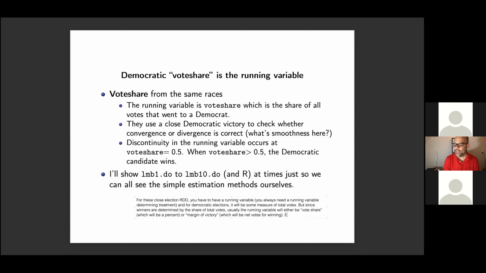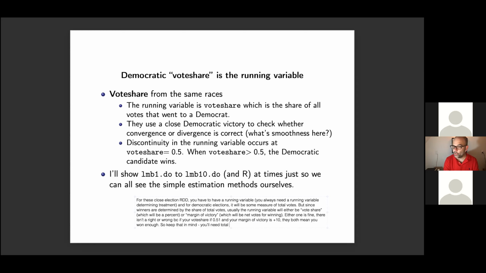Either one is fine. There isn't a right or wrong, because if your vote share is 0.51 and your margin of victory is positive 10, they both mean you won enough. So keep that in mind.